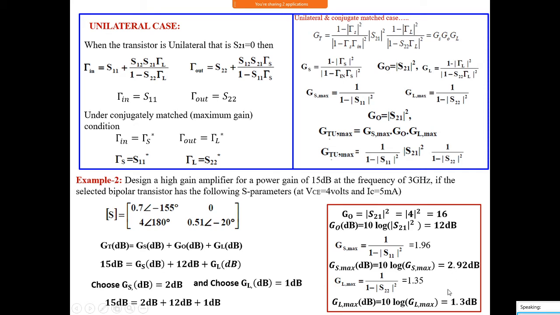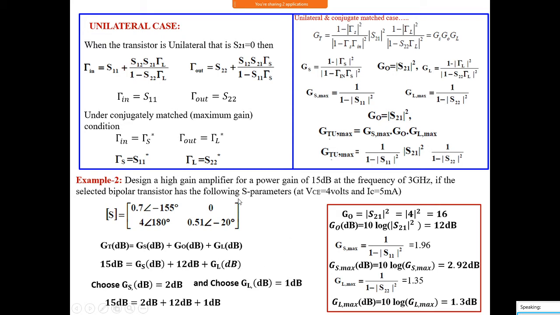Using this transistor with this S matrix, what is the maximum gain you can get? The gain terms are 2.92 dB, 1.3 dB, and 12 dB. If you add them up, 4.22 plus 12, that is a total of 16.22 dB, the maximum we can get.